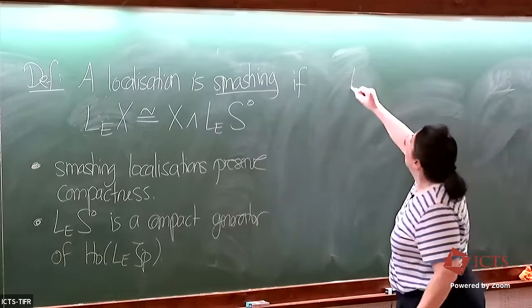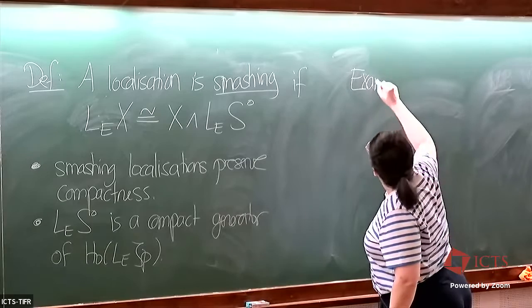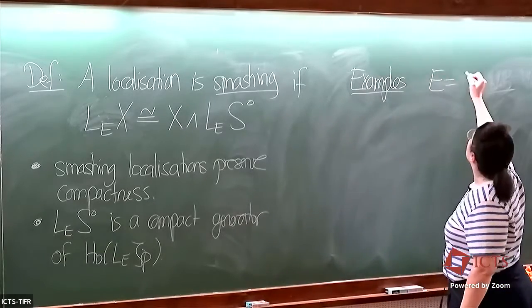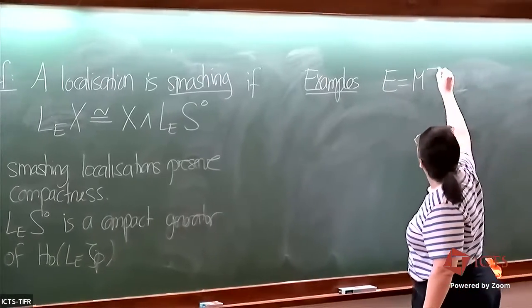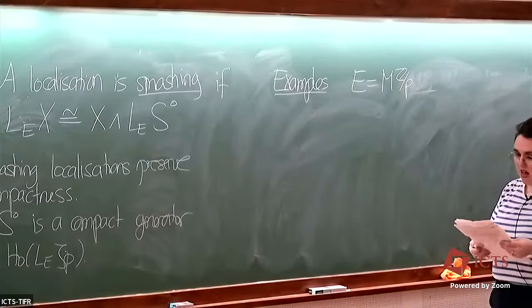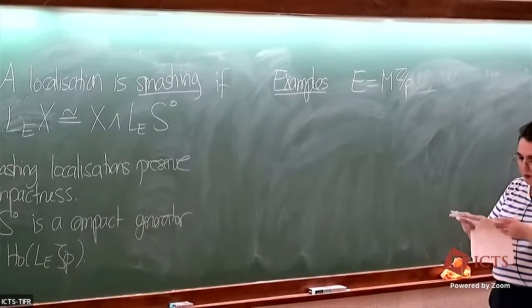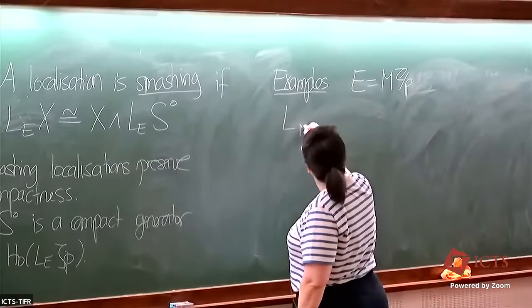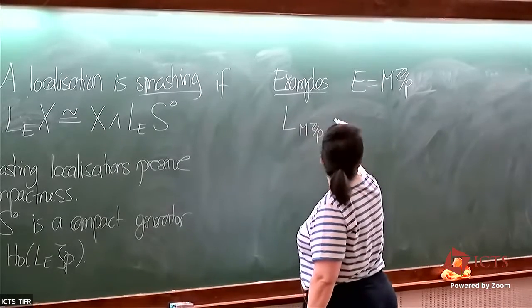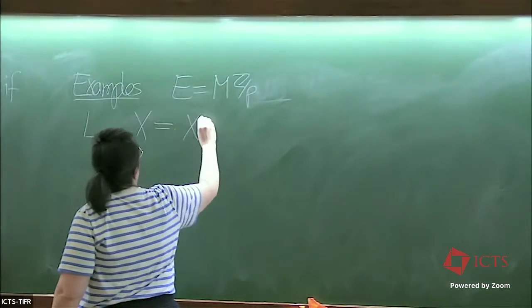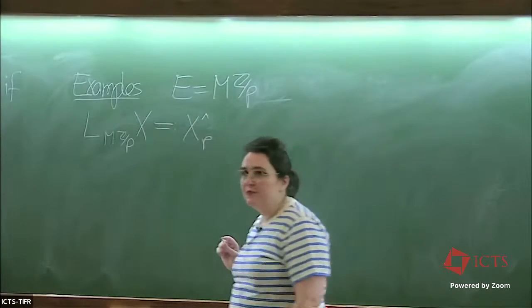So if we continue, this one is not smashing. So how and why? Well, we just call the localization at this the P completion of X.